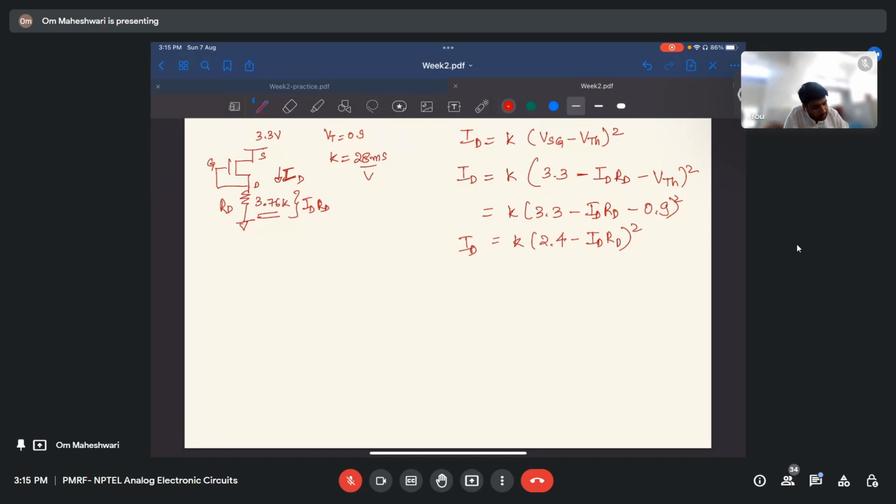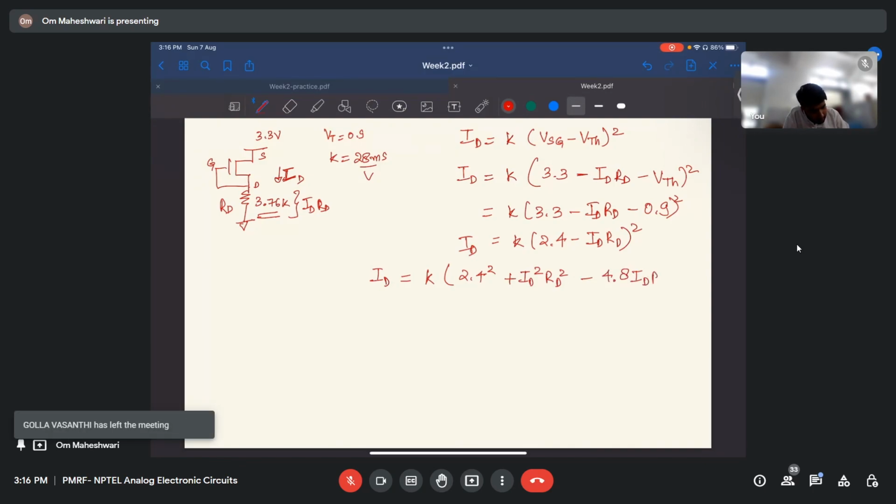Let us expand this. We will have to solve this quadratic equation. K times (2.4 square plus ID square RD square minus 2 into 2.4, that is 4.8 ID RD), right?